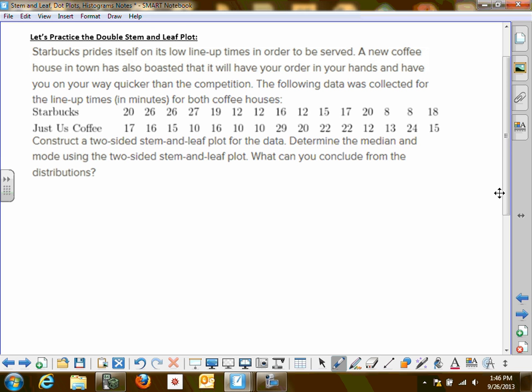What do you think about what kind of stems you want? So now I got this going on. Oh, hold on, so here's my stems. On this right, I'm going to put Starbucks data. Okay, and then over here on the left, I'm going to put Just Us Coffee.